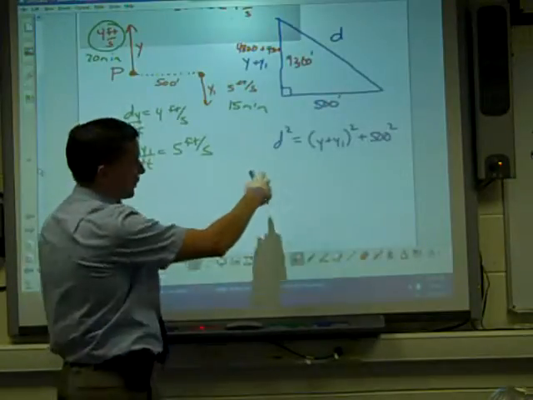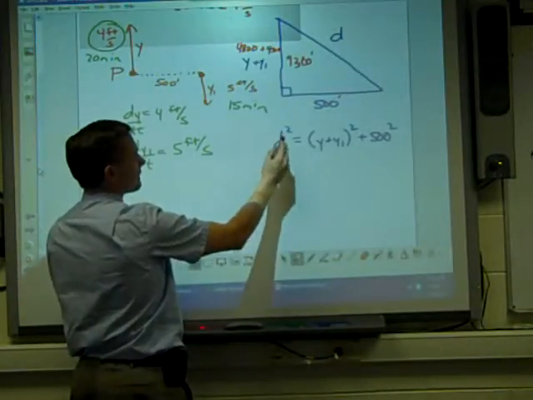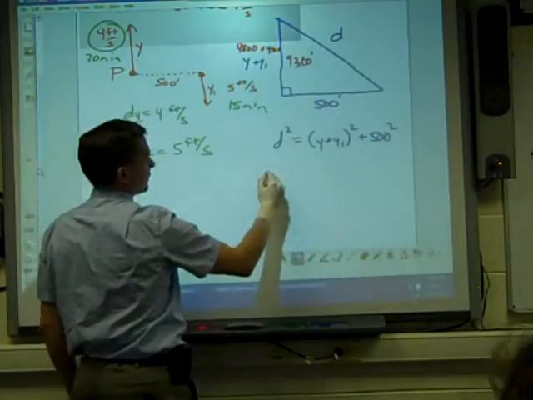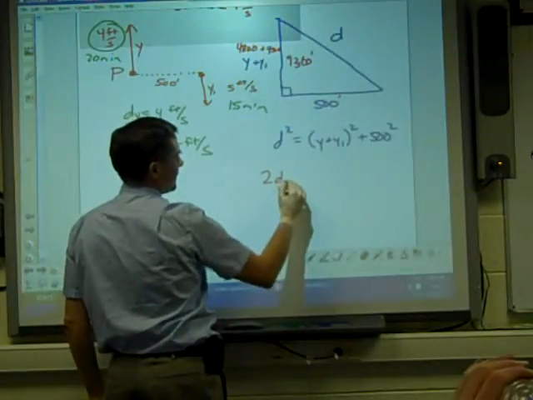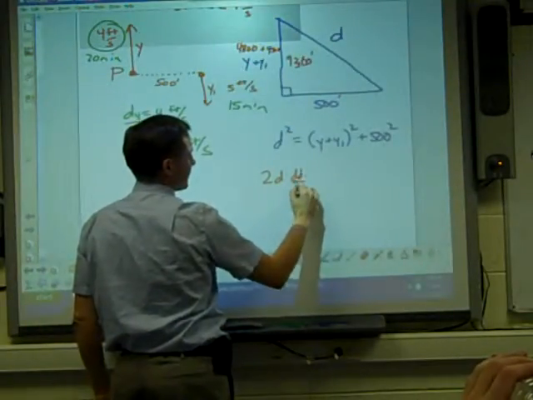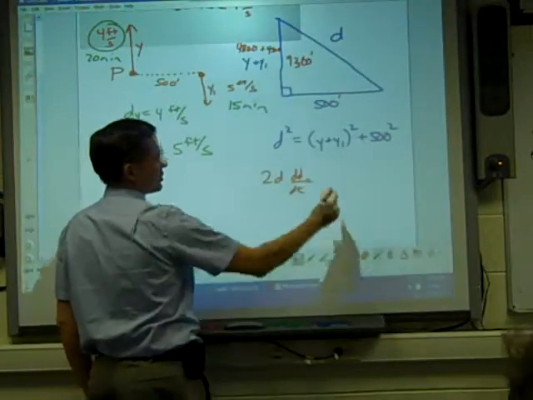You guys remember the trick: we take the derivative, 2D dD/dt, because it's a related rate, we're doing implicit differentiation.